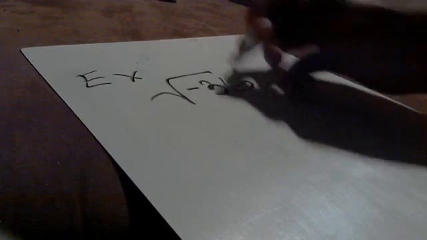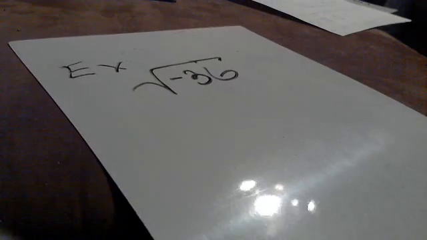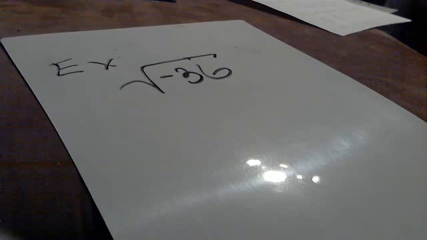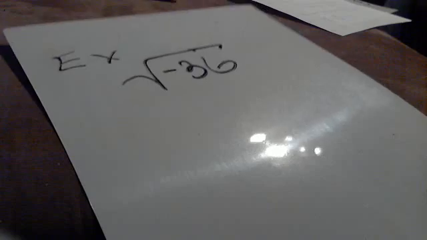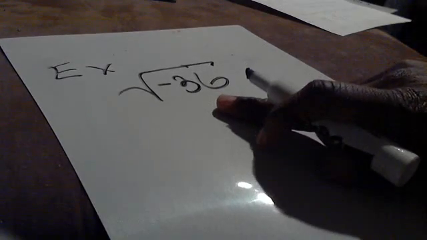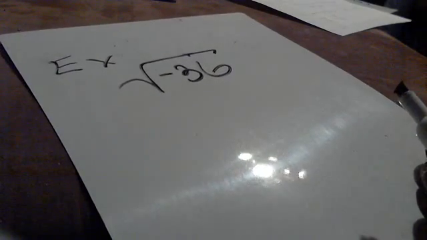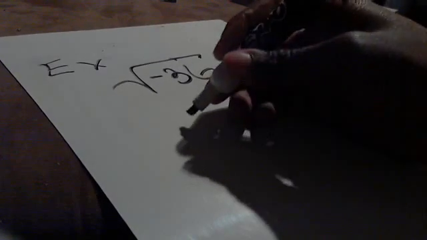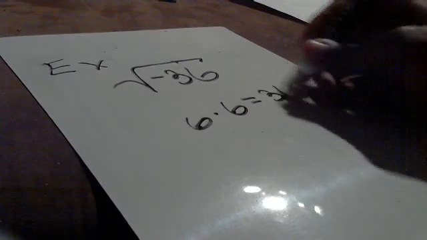Here's another example. Let's say we had the square root of negative 36. Is there a value such that when we multiply this value by itself, we can get a negative 36? Well, we know that 6, when we multiply 6 by itself, we get 36.